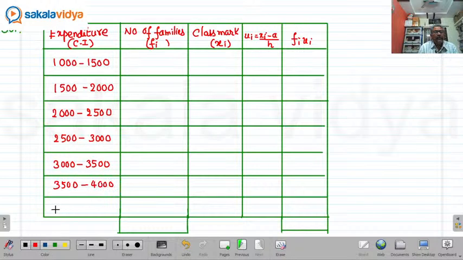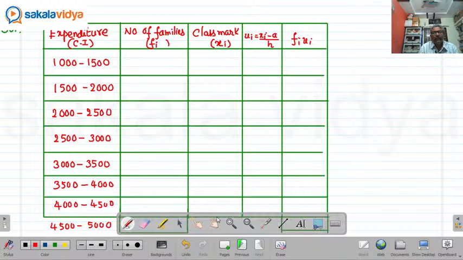Next 4000 to 4500, and we have even 4500 to 5000. Okay, we need to complete one more row.